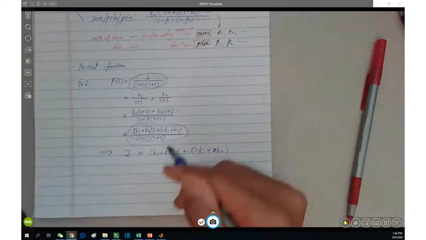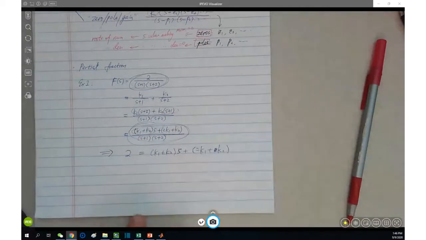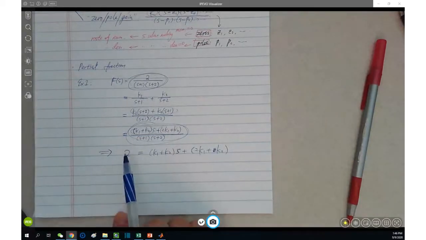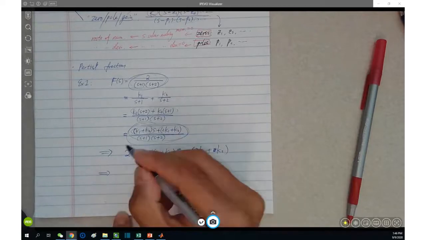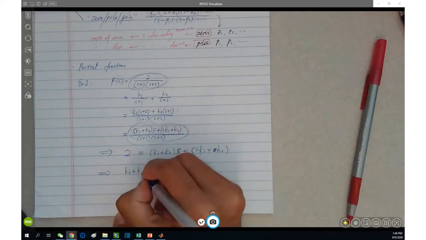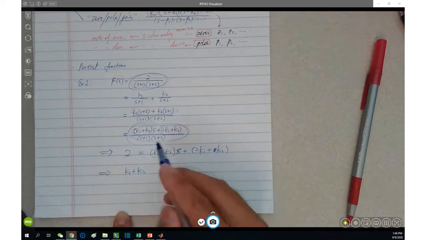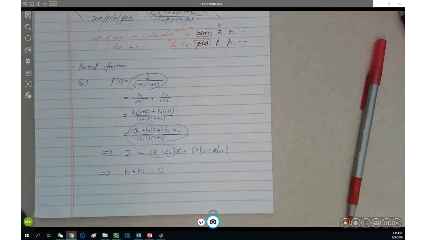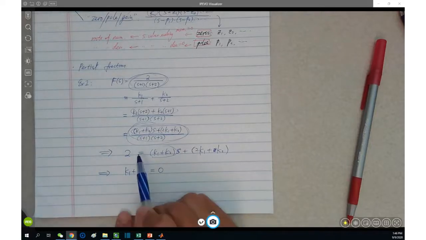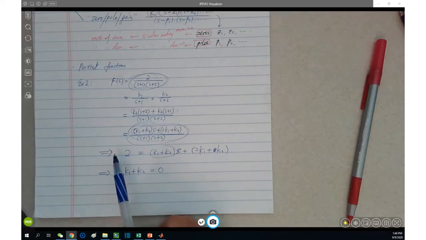And then what we need to do is just observe the s term and the constant term. On the left-hand side of the equal, we only have a constant term, without any s term. In other words, the s term on the right-hand side is 0. Otherwise, it couldn't be equal.